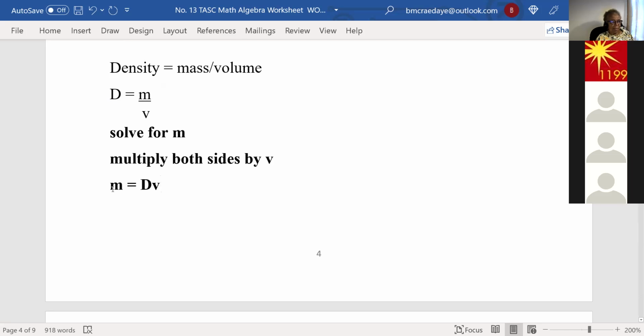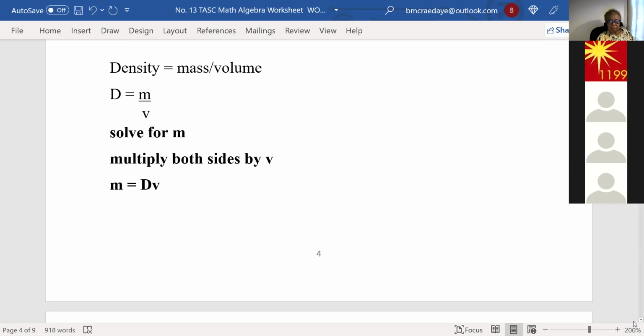So mass equals density times volume. Okay. Got it? Yeah, so remember now, you can take any equation and solve for either of the unknowns. Just remember whatever operation is being done with that unknown, you've got to do the opposite. So if it's multiplying, you're going to divide. If it's dividing, you're going to multiply.